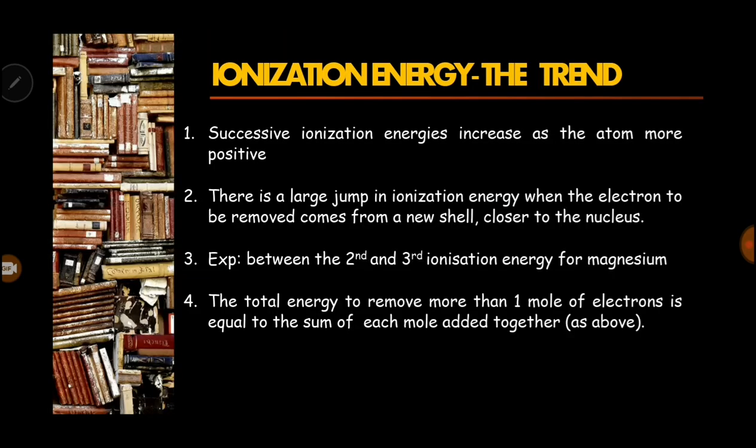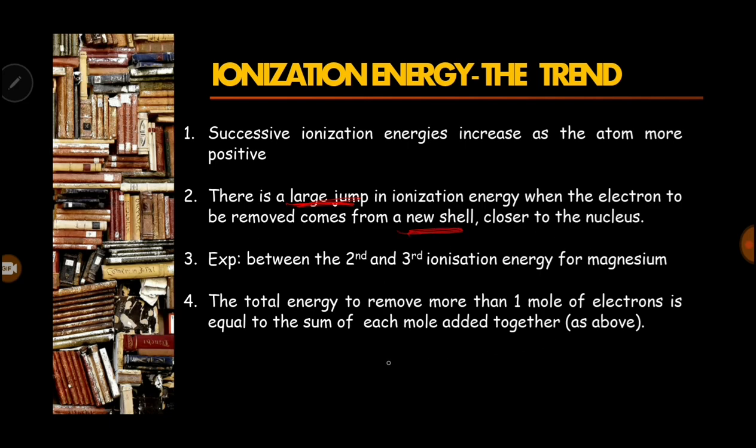So in summary of ionization energy trends, successive ionization energy increases as the atom becomes more positive. When the atom is more positive, the ionization energy is higher. There is a large jump in ionization energy when the electron to be removed comes from a new shell.